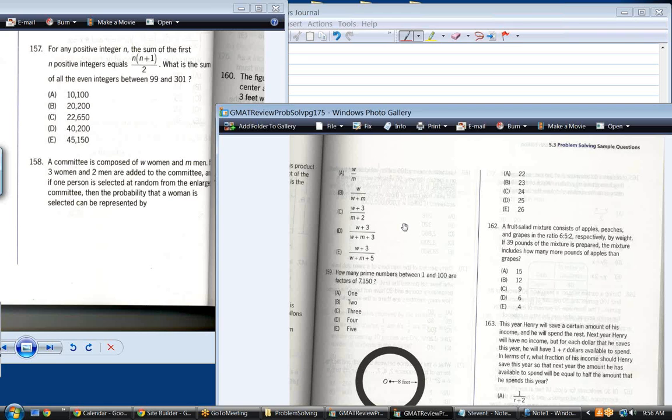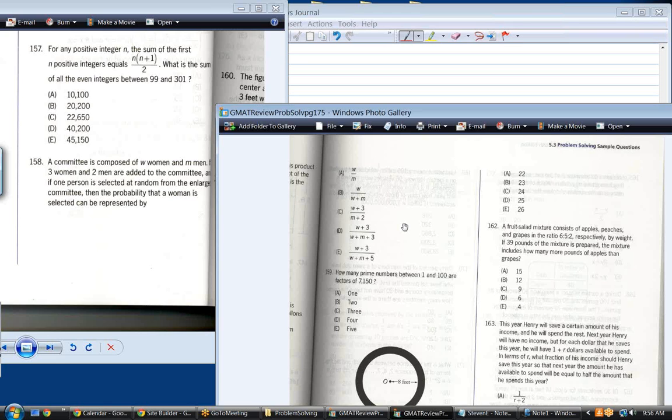So let me reread this. So a committee equals W plus M. Just to start there.